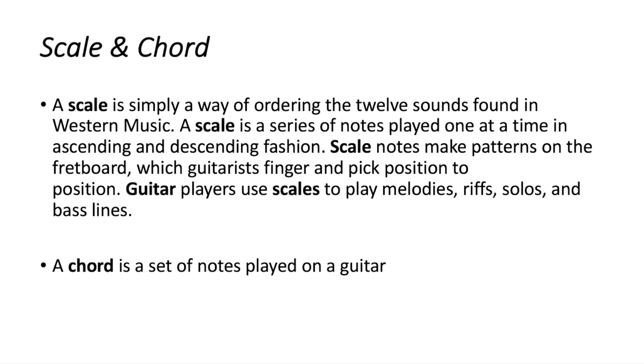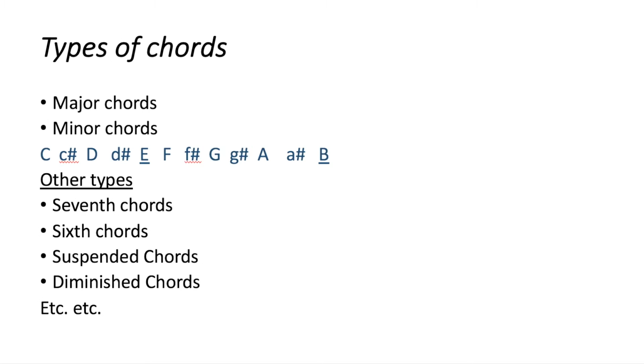Guitar players use scales to play melodies, riffs, solos and bass lines. Coming back to chords, a chord is a set of notes played on the guitar. In this lesson we'll be learning about chords, but I have explained scales because chords are formed from scales, and I wanted to give you a quick overview of that too.